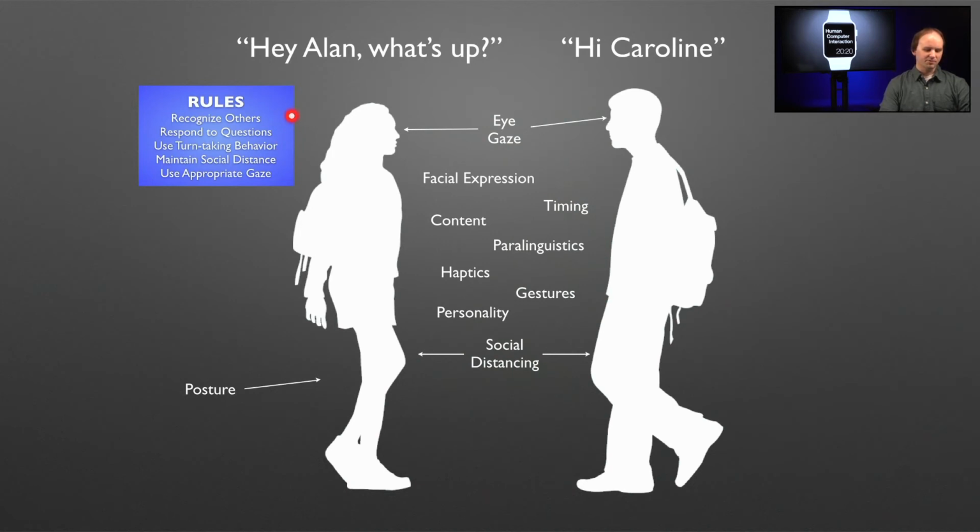So here are just some example rules that we could think of if we were going to characterize face-to-face interaction between people. We could say that people typically recognize the other people that are around them. They respond to questions. They use turn-taking behavior when they talk to each other. They keep some appropriate social distance, and they use appropriate head and eye gaze when they look at each other.